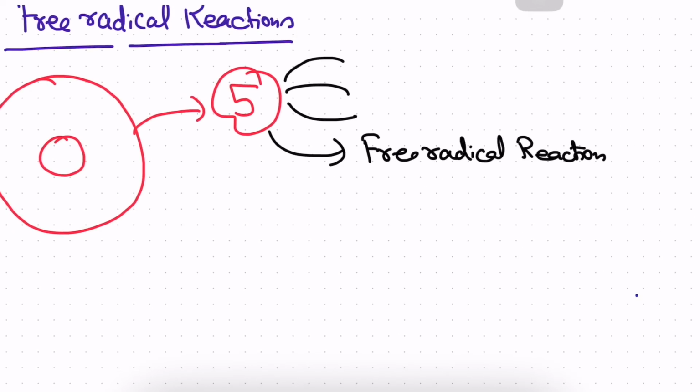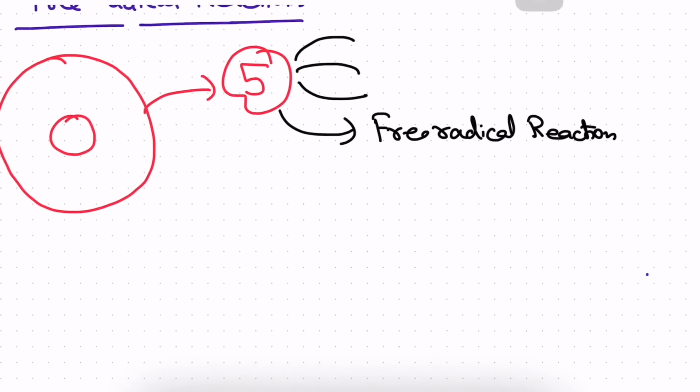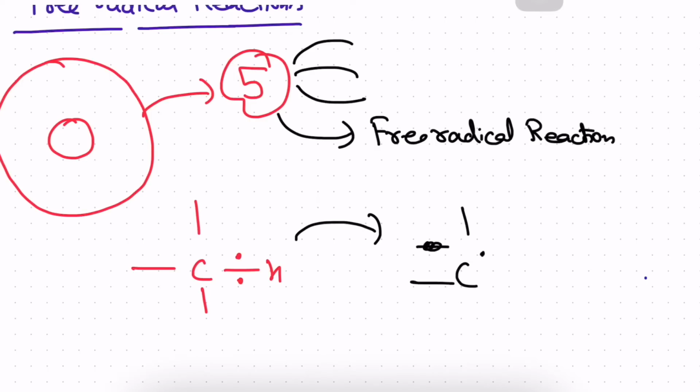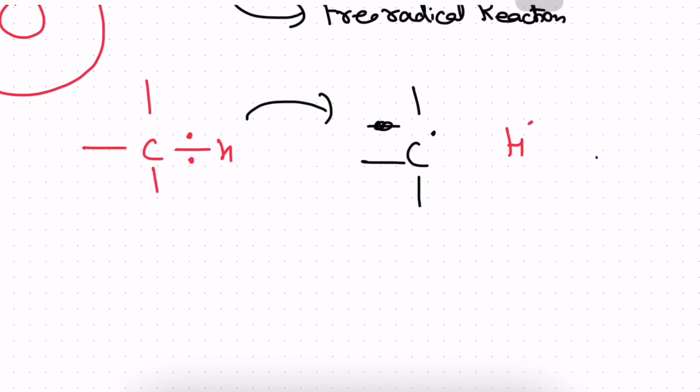Now hopefully you remember the lecture in which we discussed homolytic cleavage and heterolytic cleavage. Let us suppose you are going to have this homolytic cleavage. Here we are going to see formation of carbon radical and hydrogen radical.